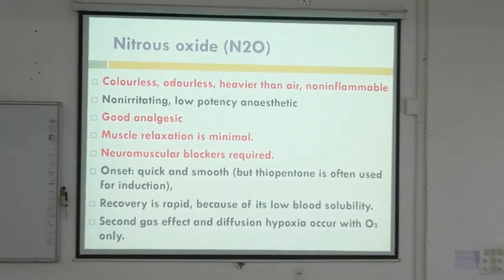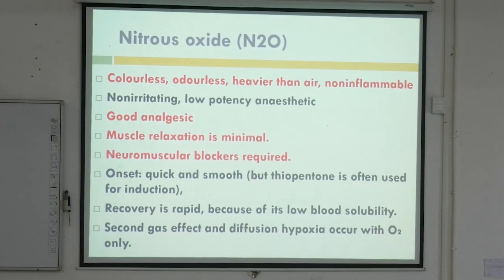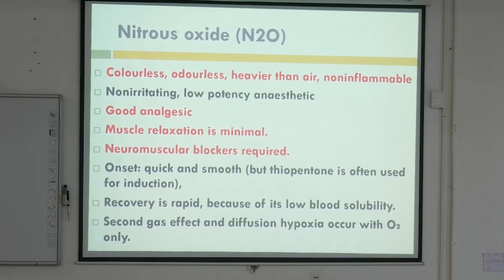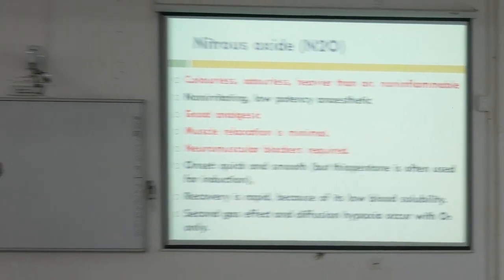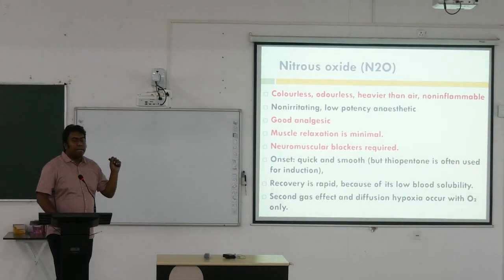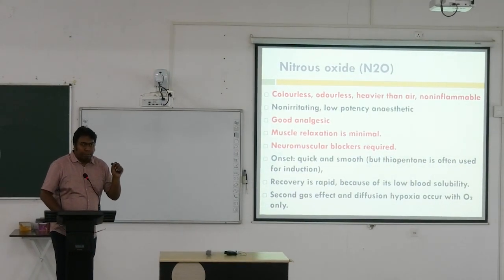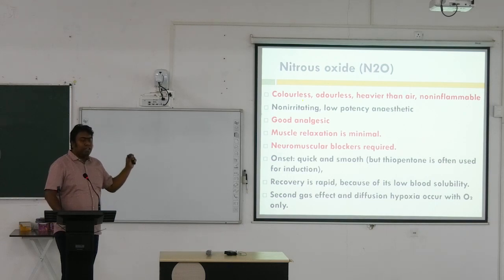So nitrous oxide. Nitrous oxide is colorless, odorless, heavier than air, non-irritating and low potency. But here is the important thing: the most important anesthetic action is that it is a good analgesic. It has very little muscle relaxant effect.